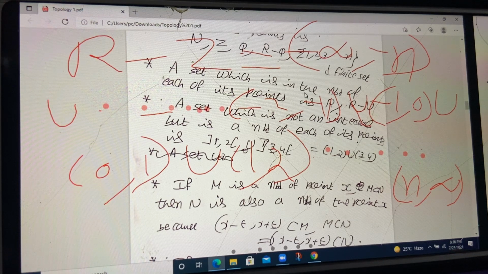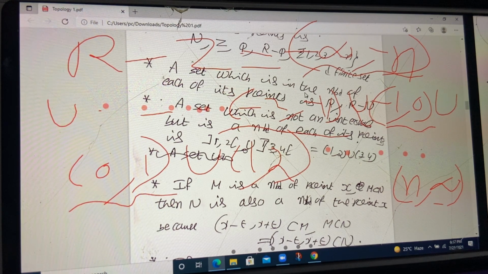You know that every point of an open interval is an interior point. So every point here is interior, every point here is interior, and so on. Therefore the interior of R minus Z is R minus Z. Every point of R minus Z is an interior point, so you can also say R minus Z is a neighborhood of each of its points.